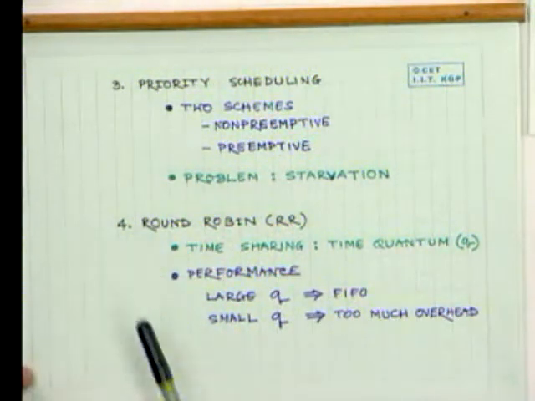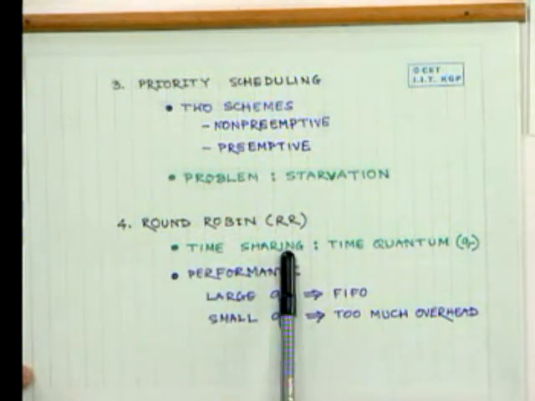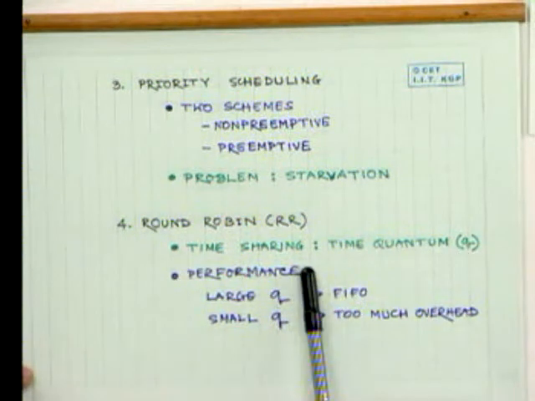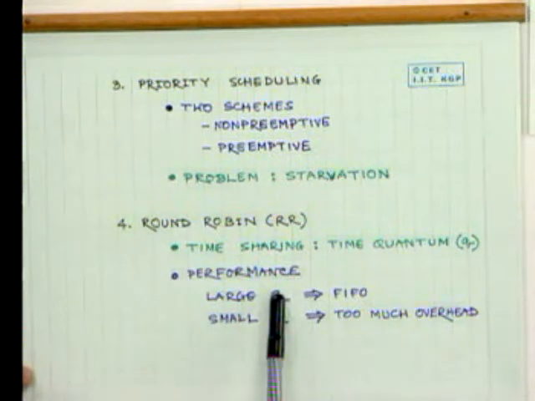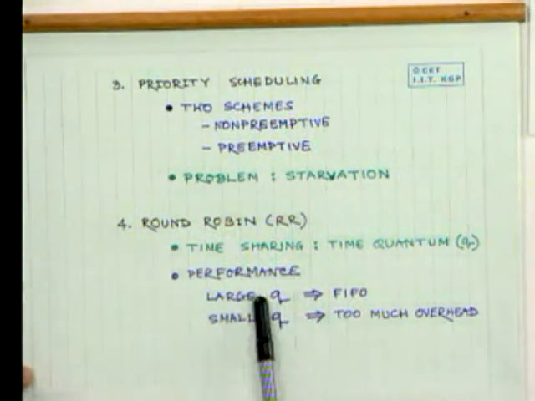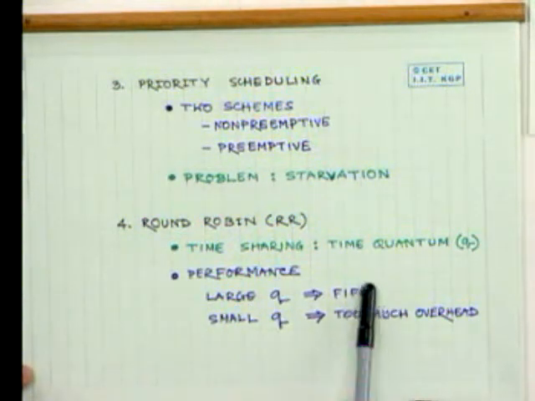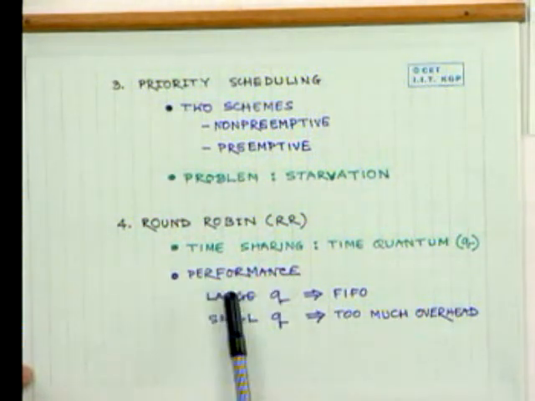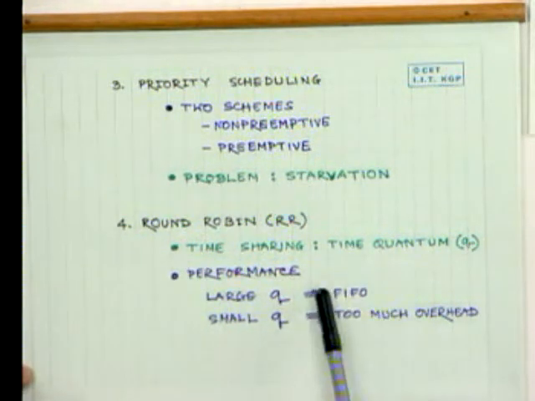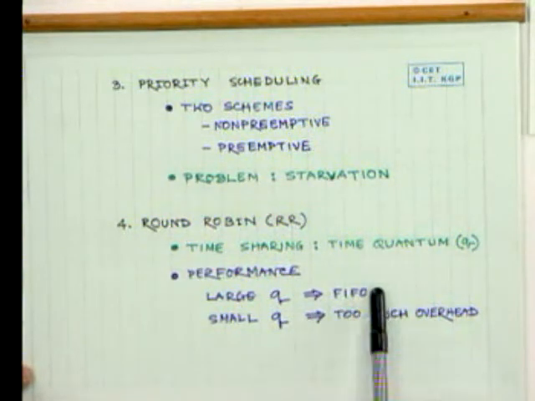The fourth that we discussed is round robin, which is based on time sharing with a time quantum, and the performance depends upon the time quantum that is allocated. If the quantum is too large, the behavior will be like FIFO, that is, first in, first out. That means if a large time quantum is allocated, the behavior of round robin scheduling will be similar to FIFO scheduling.